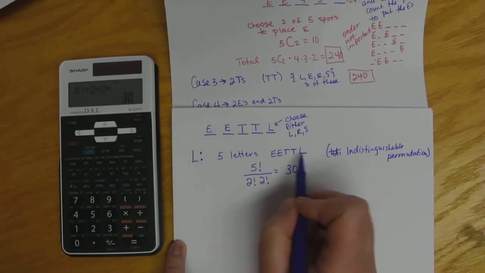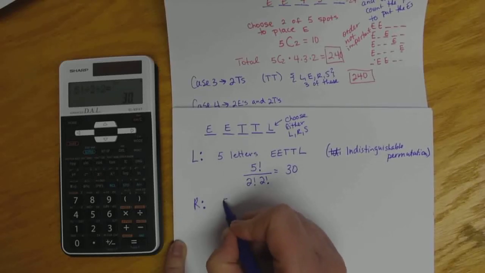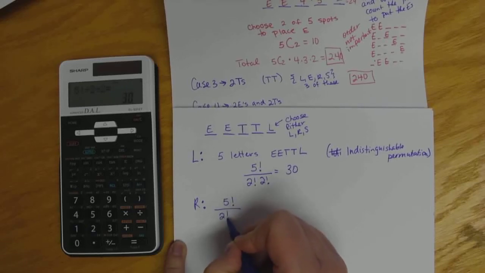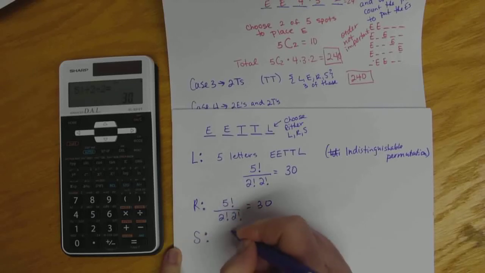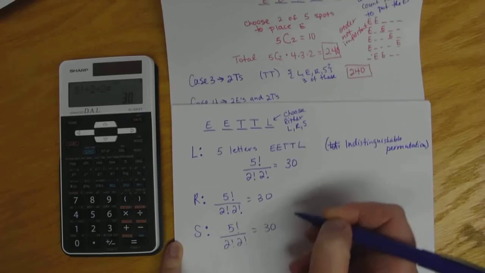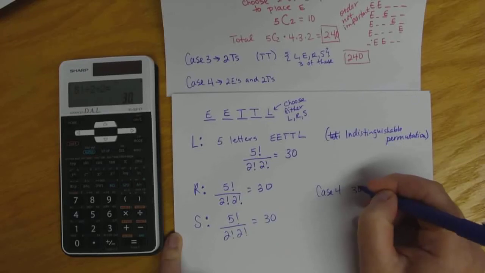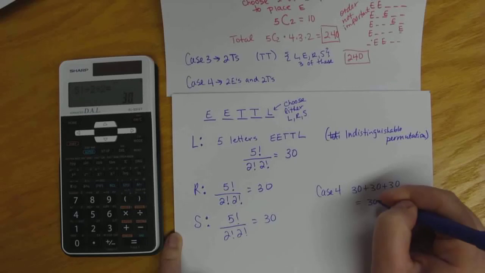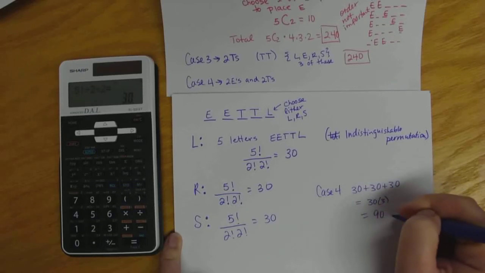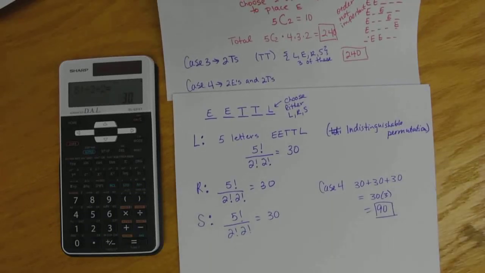So that's just taking these and rearranging them. R, same idea, 5 letters, but 2 E's and 2 T's, so 30. And the S, same thing again, 5 letters, 2 E's and 2 T's, 30. So case 4, 30 times 3 is 90. Okay, so that's all the cases.